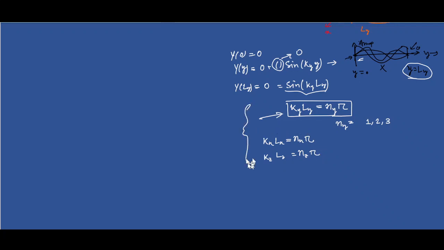So from these three equations we can find k in terms of n and l. So kx equals nx pi over lx, ky equals ny pi over ly, and kz equals nz pi over lz.